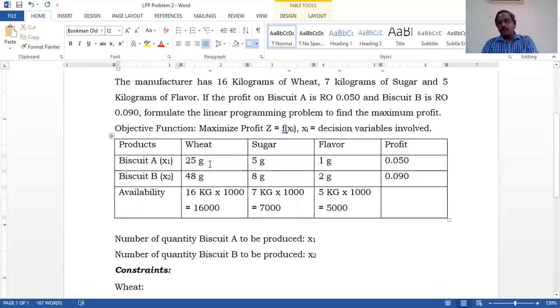That means I am going to multiply this row with x1, and I'm going to multiply this row with x2. So this is 25, this is x1. All the values in this row I'm going to multiply by x1, and this row we are going to multiply by x2.